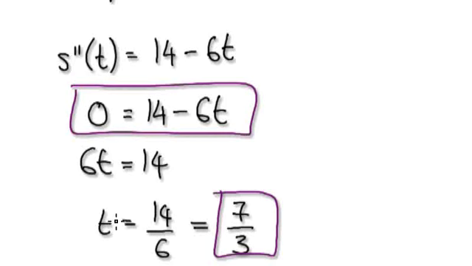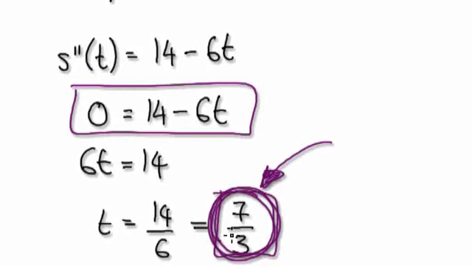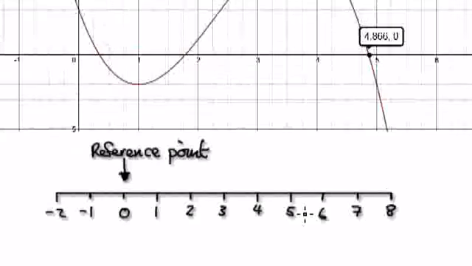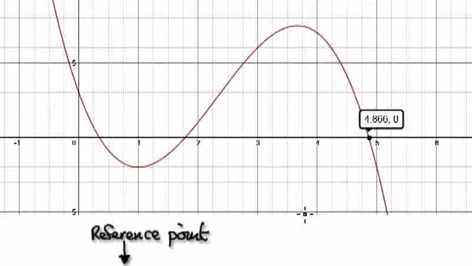So the time when the velocity is at its highest would be this time here. Okay, so this is roughly 6 point something. Sorry, what am I talking about?